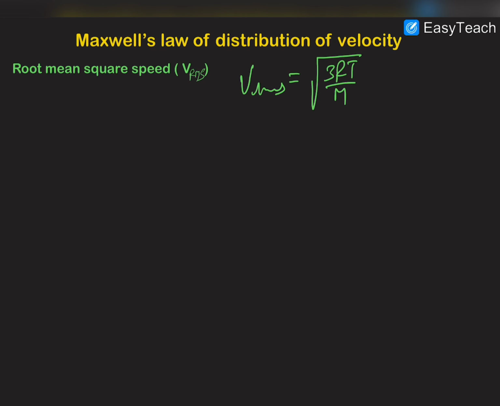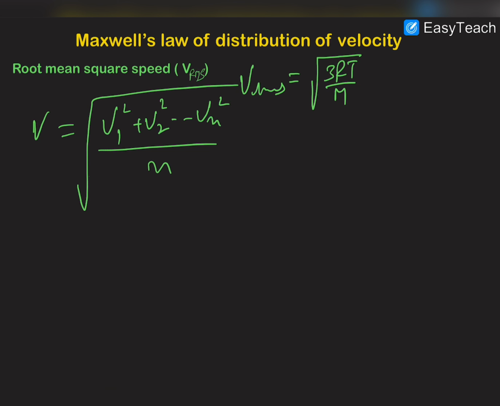So this root mean square velocity is actually the square of velocities, then their mean, v1 square plus v2 square up to vn square by n, and in fact this is mean and root.